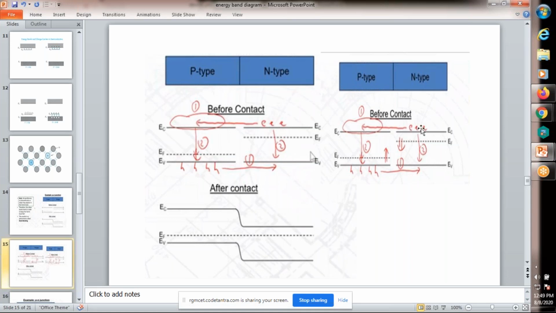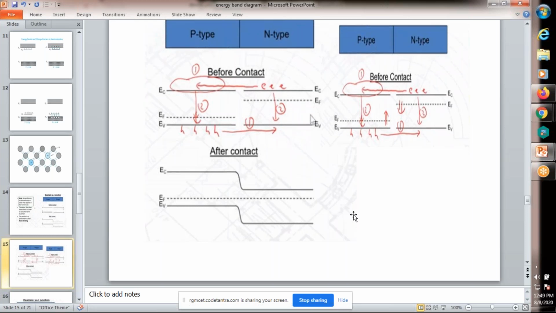Electrons move to this side, so in n-type electrons decrease, while holes come to this side. The material property changes. Whenever this changes, the Fermi level in p-type increases, whereas the Fermi level in n-type decreases.